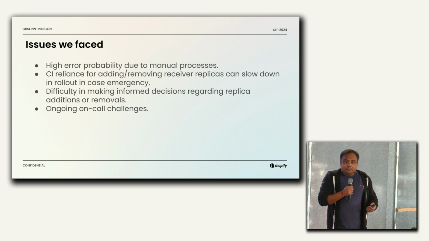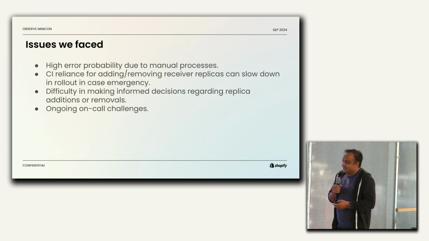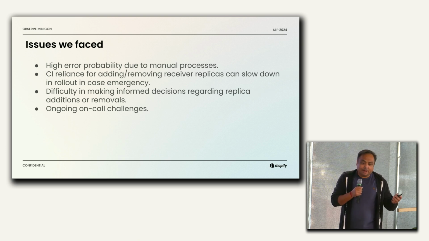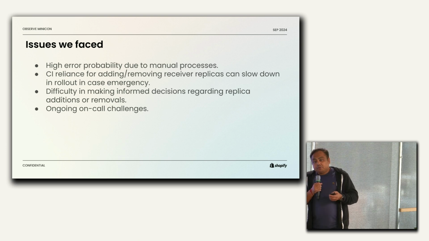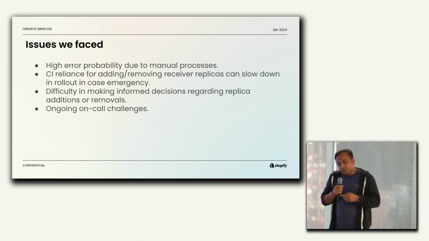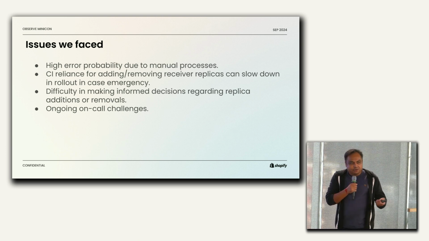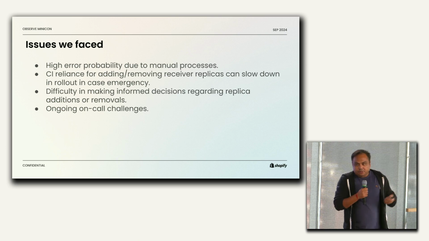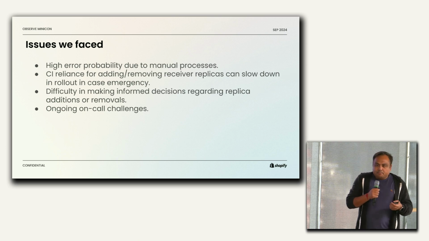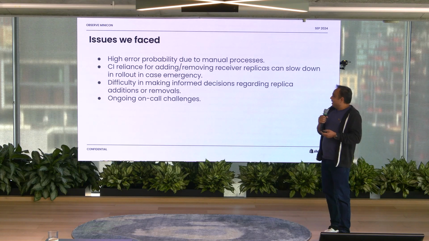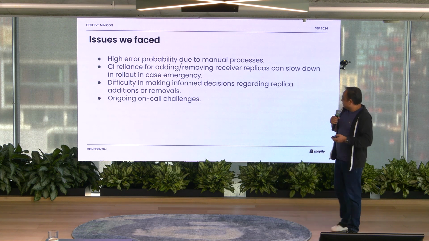I'll hope somebody in the middle of the night will approve it. If not, I'll do an emergency merge or some hack, deploy it, wait for CI to deploy successfully, and then run those manual commands. By that time you already have an incident on your hands, the entire team is in the Slack channel, we have a meet going on, and everyone is blaming, what the heck, Sharad, did you do.